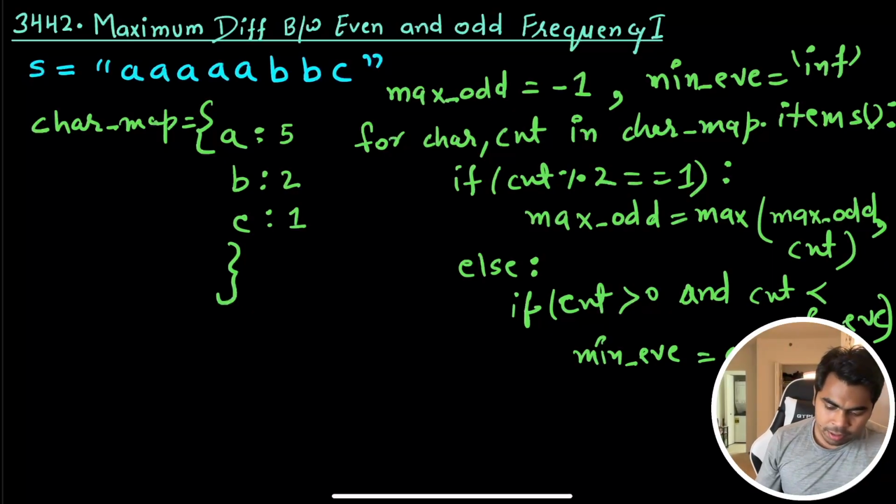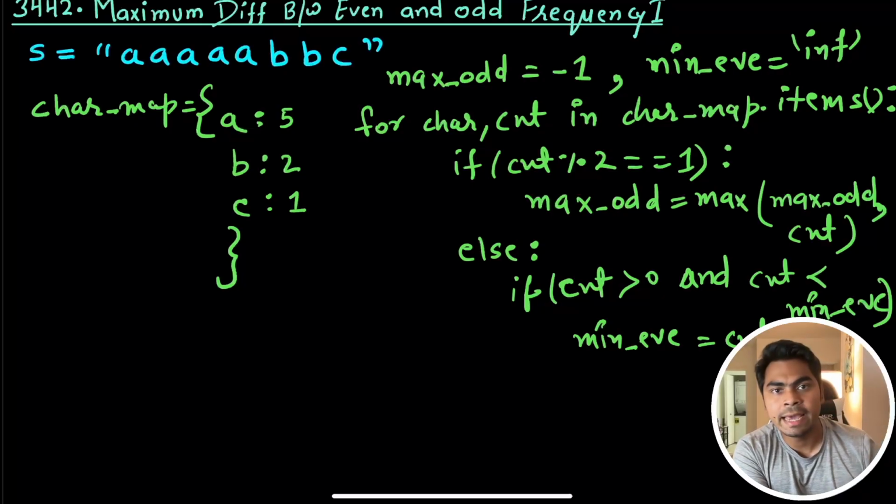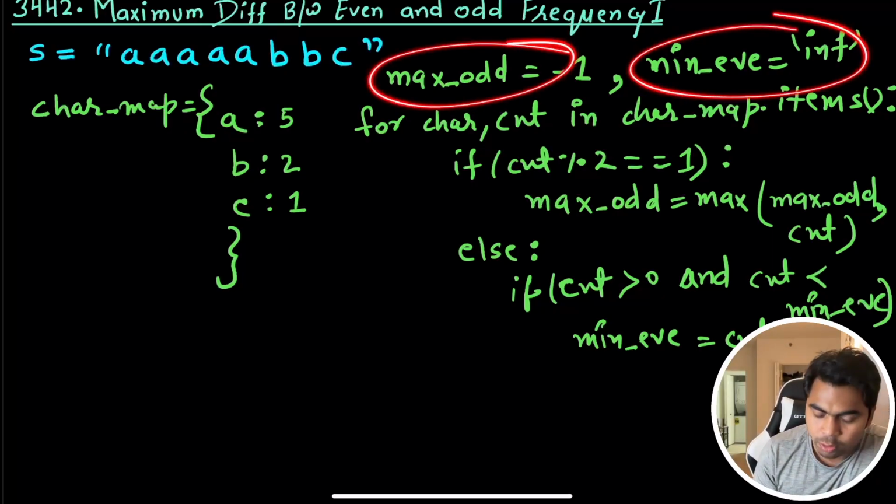Once I come out of this loop, there could be a few possibilities. Either max odd is -1, meaning it didn't get updated, or you never found any frequency that was odd or even. In that case, these two values will not change.